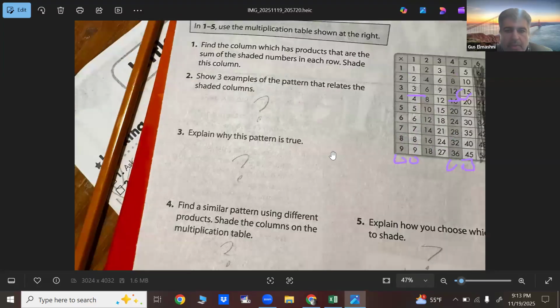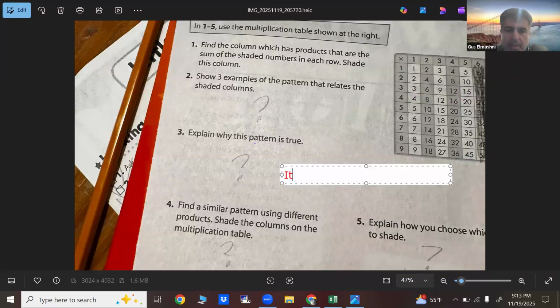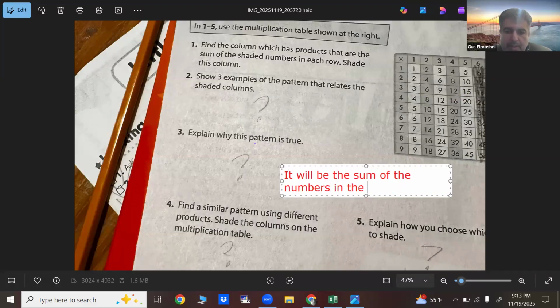So I explain which one to shade. It will be the sum of the numbers in the top row for the 2 columns you are combining or adding.